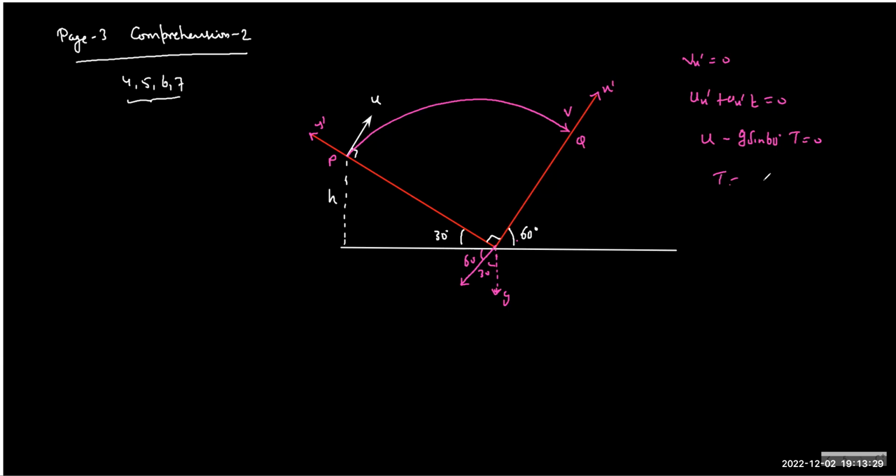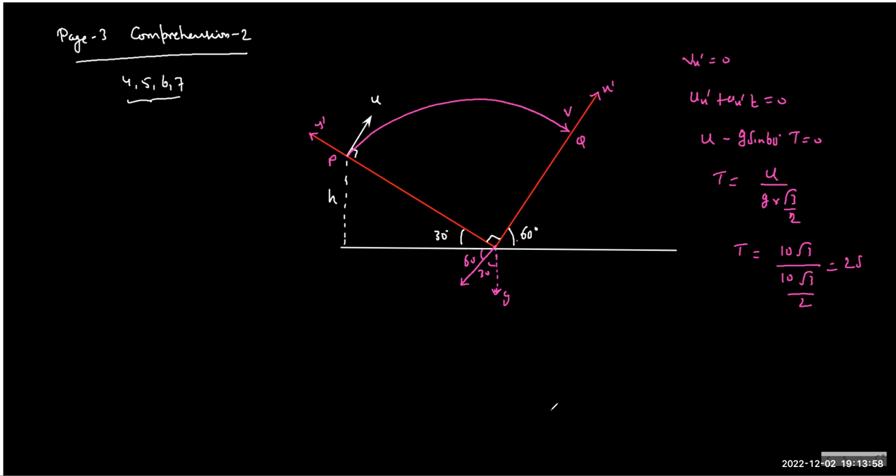So t becomes u by g root 3 by 2. What is given u? 10 root 3. So 10 root 3 by 2, so 2 seconds is the answer, right? Tell me how many of you got 2 seconds? Yes, same, sir.